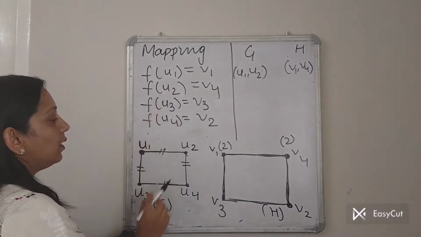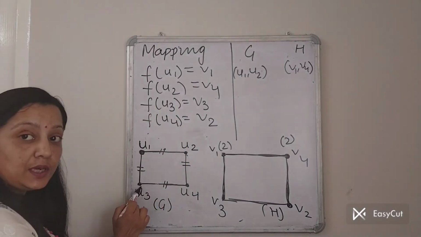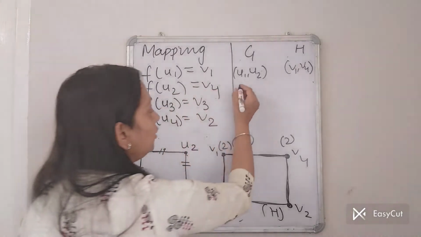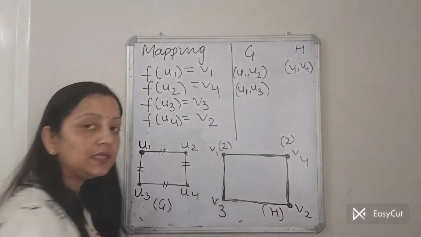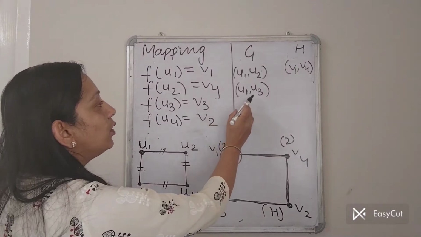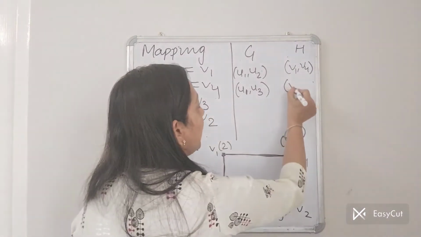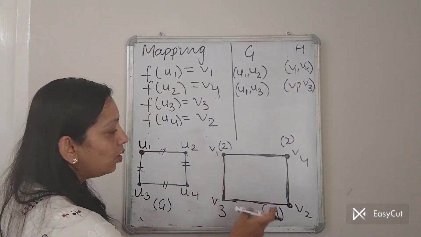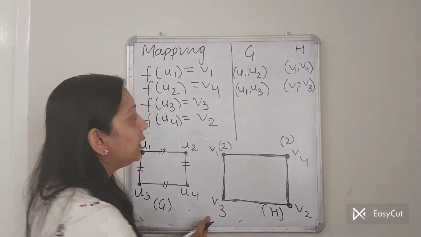Then, if an edge between U1 and U3 exists in G, and U1 and U3 correspond to V1 and V3, an edge between V1 and V3 must also exist in H. So I can see that an edge between V1 and V3 is existing in H.